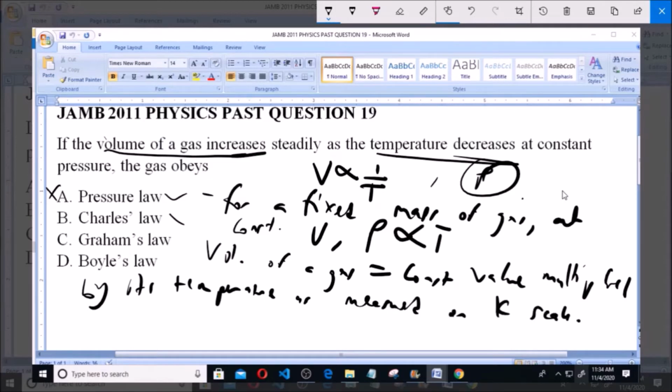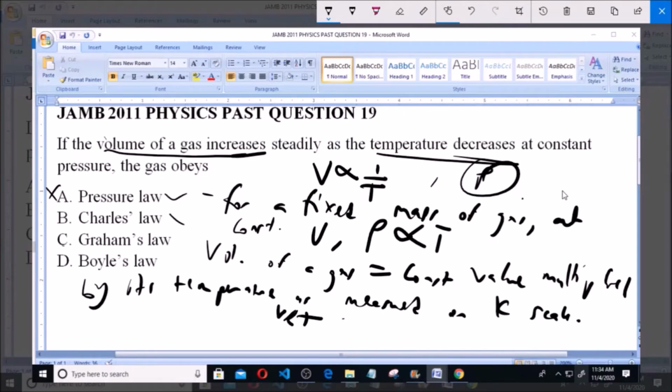So this basically indicates that there is a direct relationship between volume and temperature if the pressure is constant.